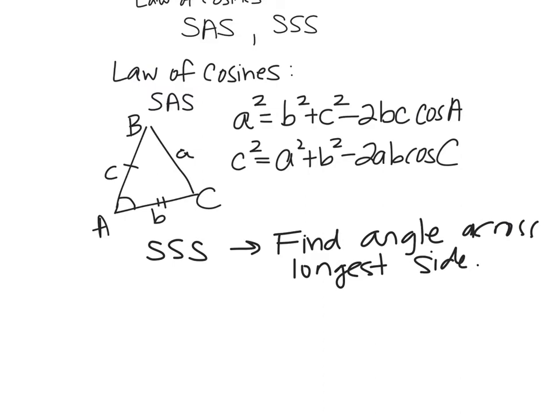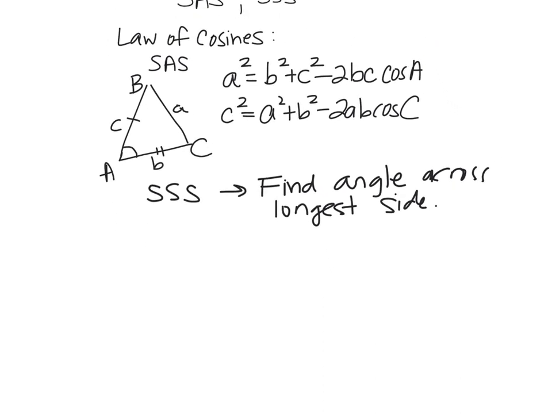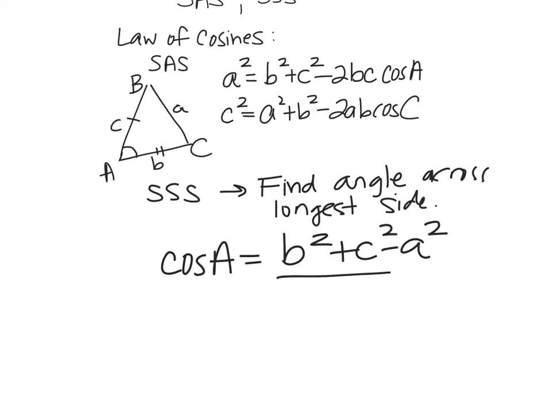So if you have side, side, side, and let's say that side a is the longest side, then you would do cosine of A equals b squared plus c squared minus a squared all over 2bc. All they've done is solved for the cosine here, cosine A. They've subtracted those over and divided by negative 2bc, which changed all the signs here.